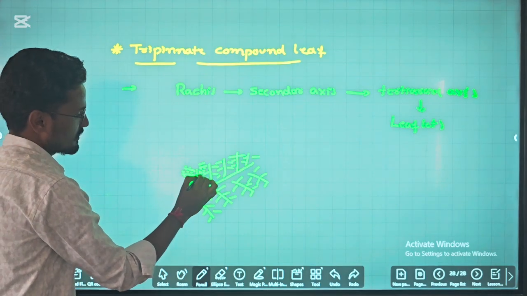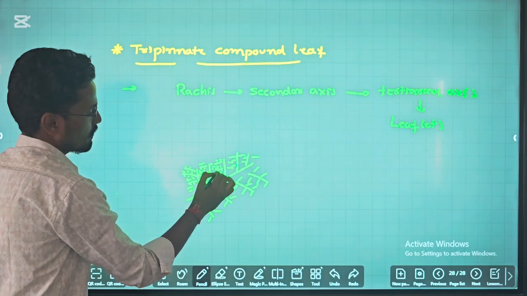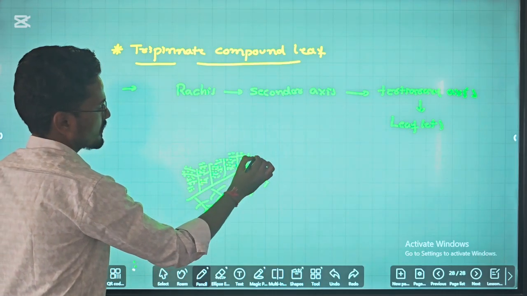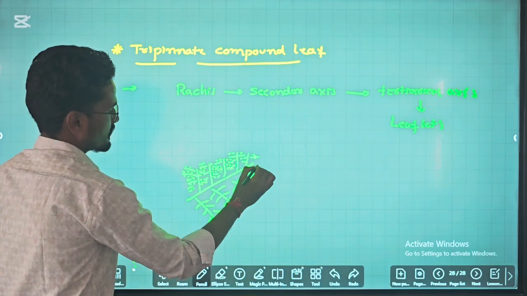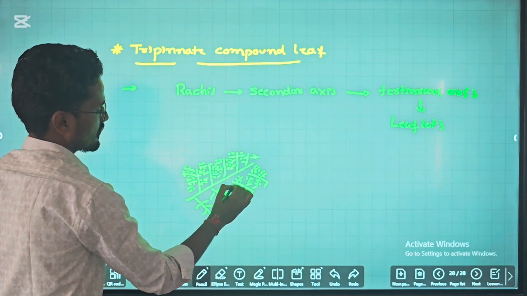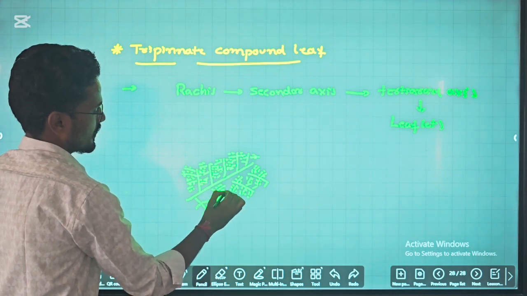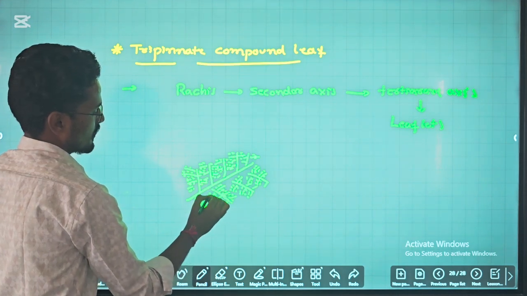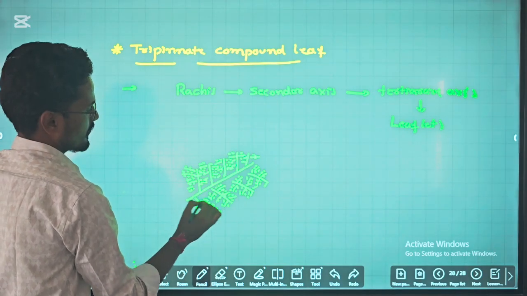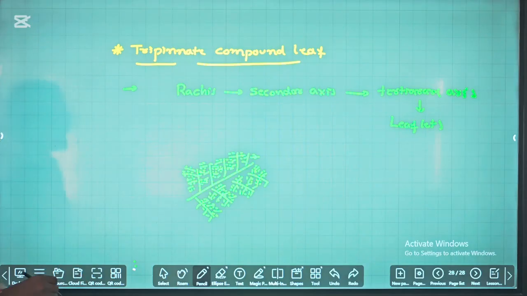This type of leaf is called a tripinnate compound leaf, tripinnately compound. So this is the type of tripinnate compound leaf.